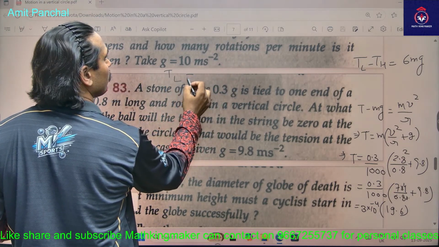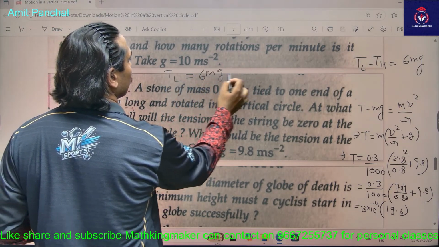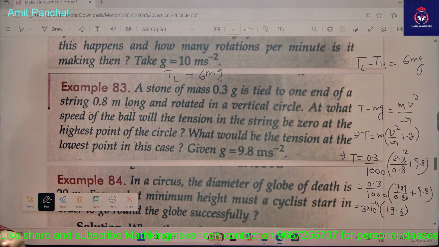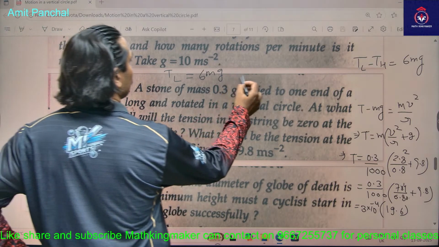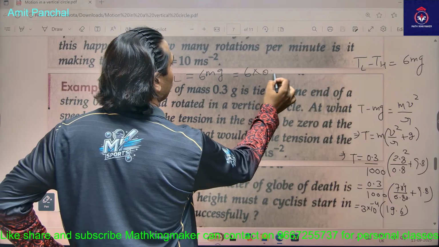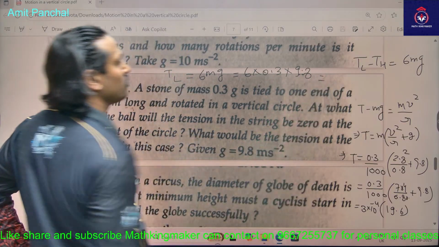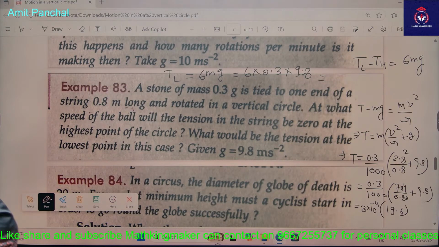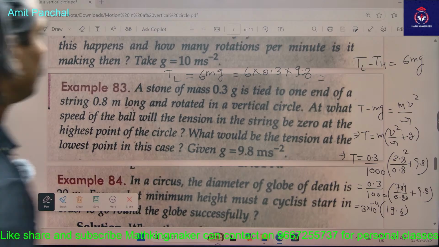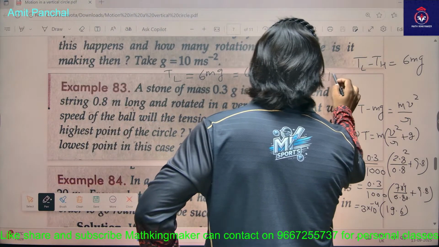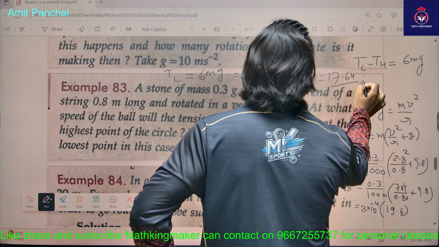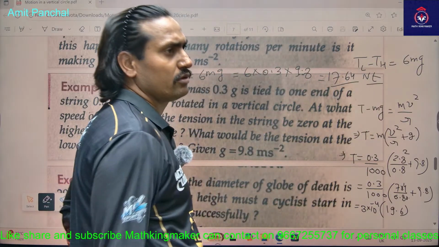TL would be 6 mg because TH is 0. So 6 into 0.3 into g, which is 9.8, the answer would come 17.64. That is the right answer. 17.64 Newton.